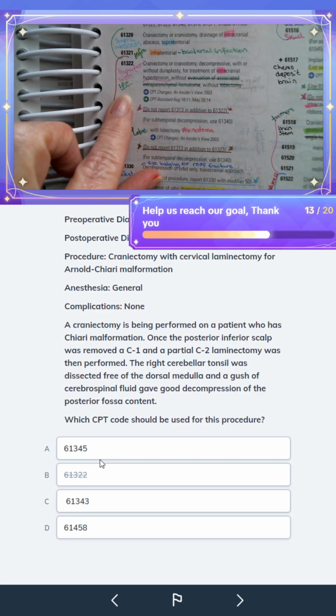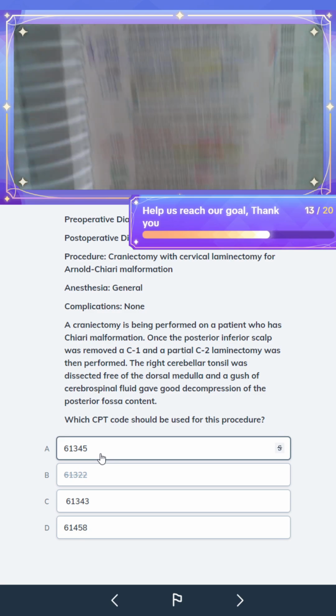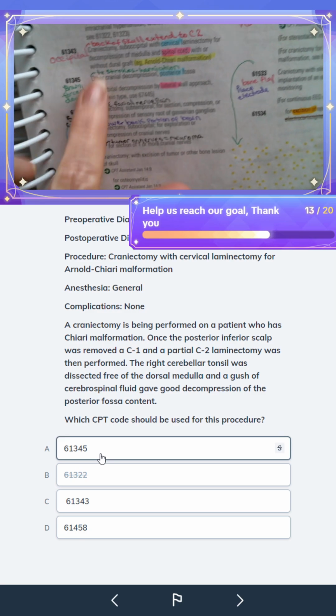If we go to our 43 and 45, those are down here.